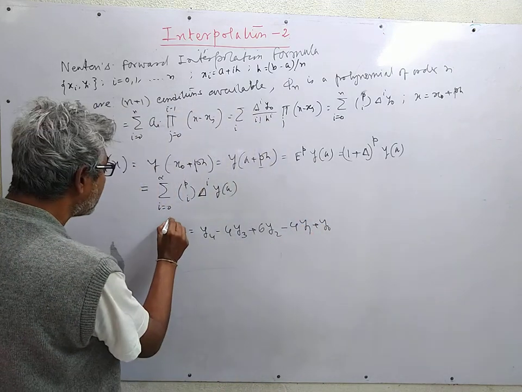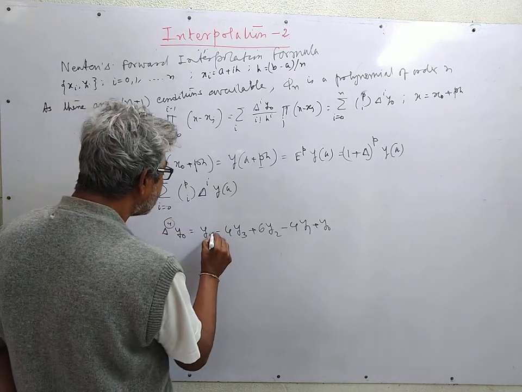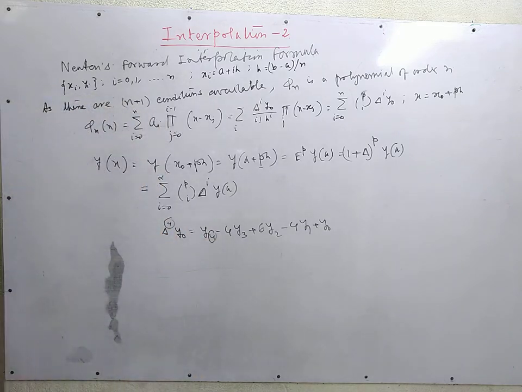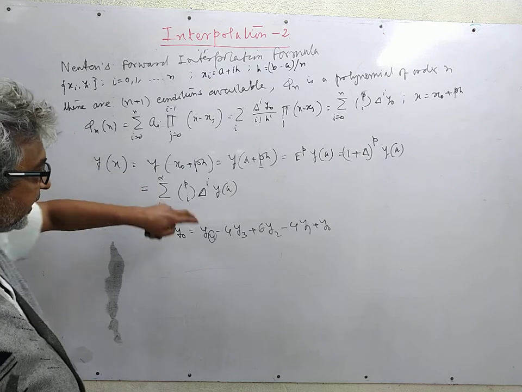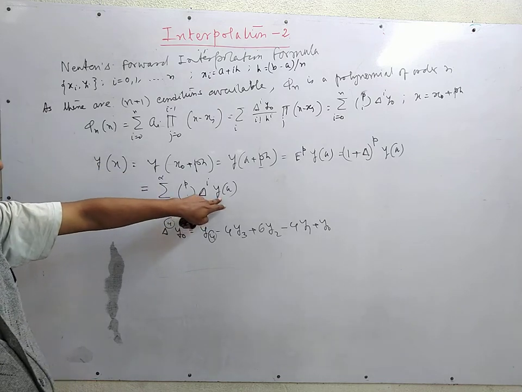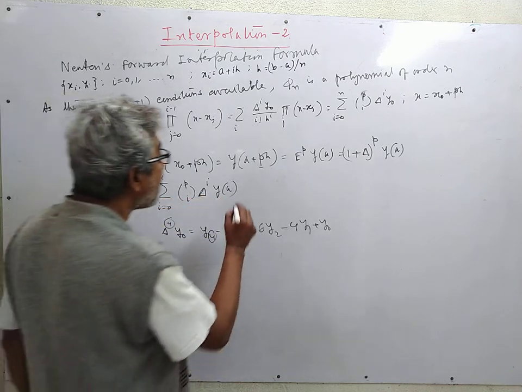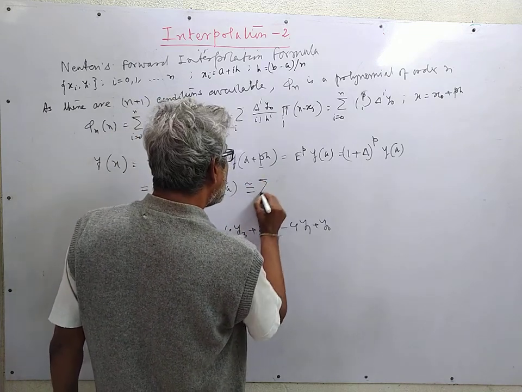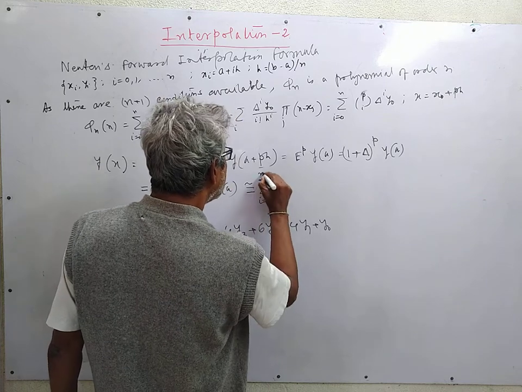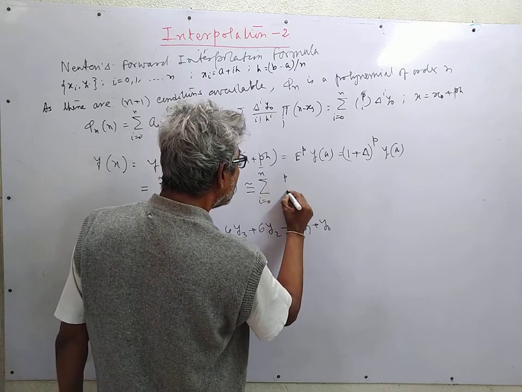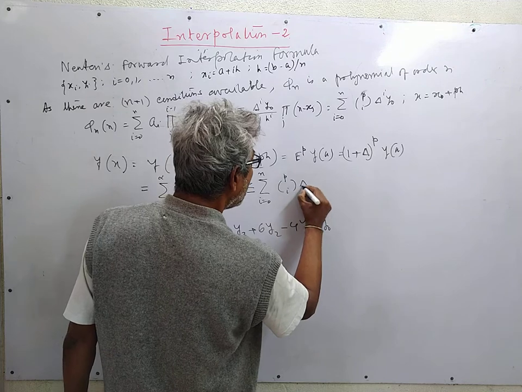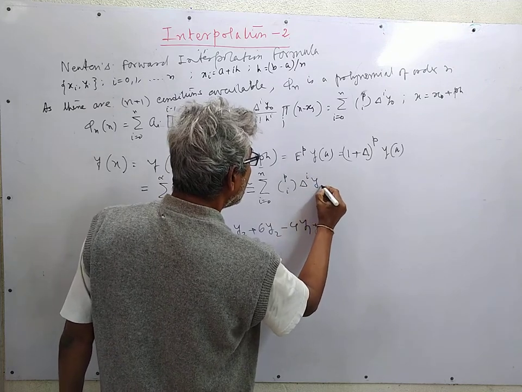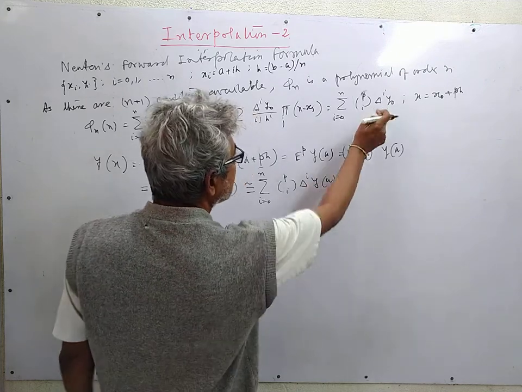So calculation of delta 4 requires a knowledge of y4, but we are provided with the values only up to yn, so we cannot calculate differences of order higher than n. So we approximate the series up to n values. This is nothing but this formula.